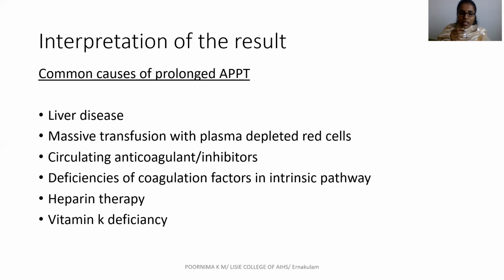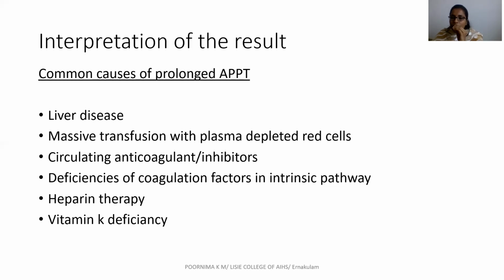So next one is deficiencies of coagulation factors in the intrinsic pathway. We already know that if there are any deficiencies of coagulation factors in the intrinsic pathway, it can cause prolongation of activated partial thromboplastin time. So next is heparin therapy.